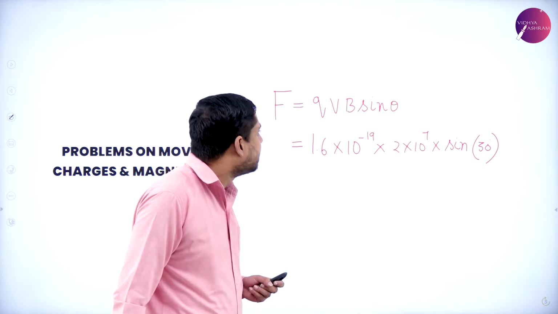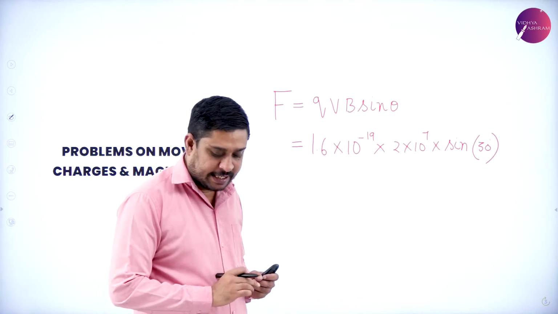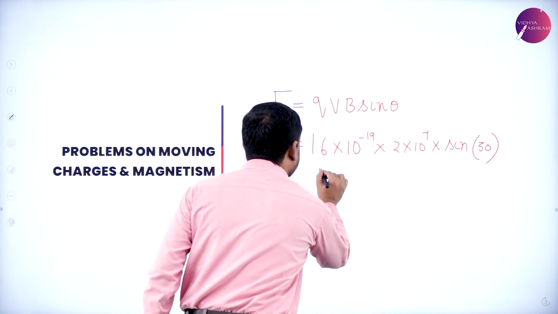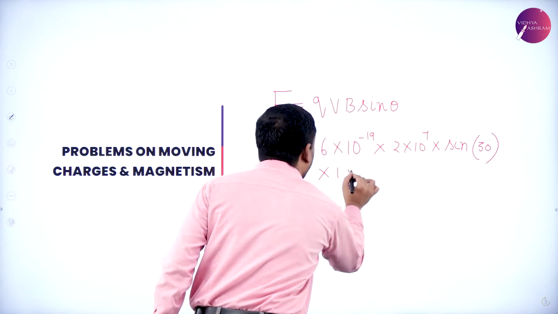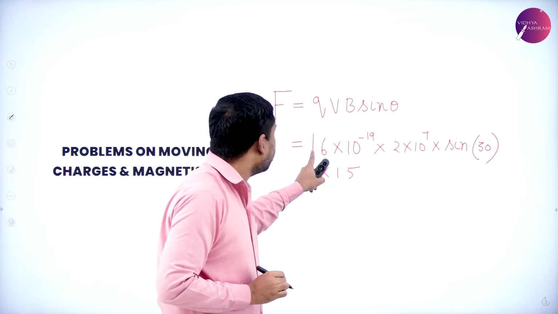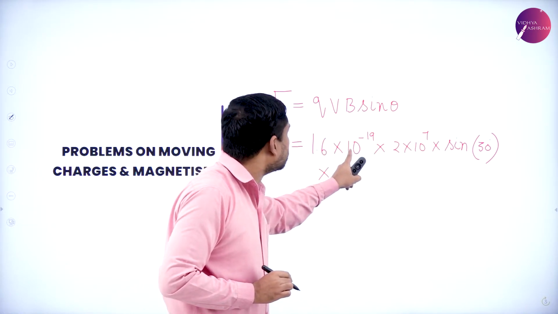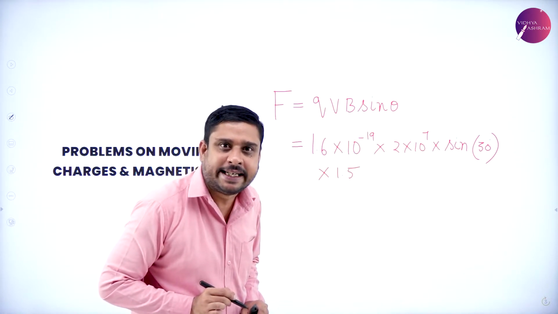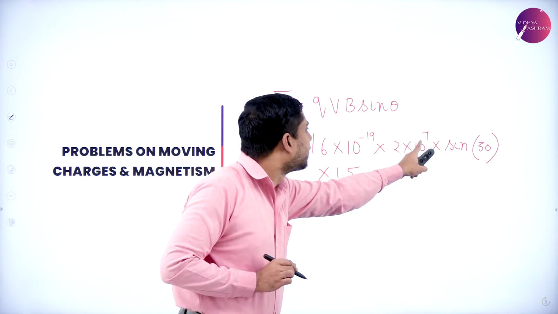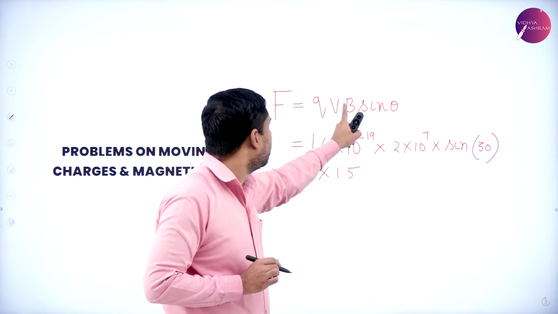So, direct substitution, finally we arrive, B has to be substituted into 1.5. Q 1.6 into 10 power minus 19. V 2 into 10 power 7.